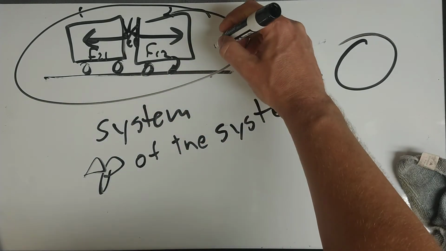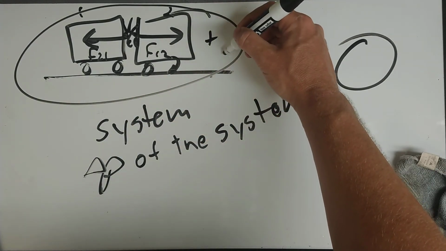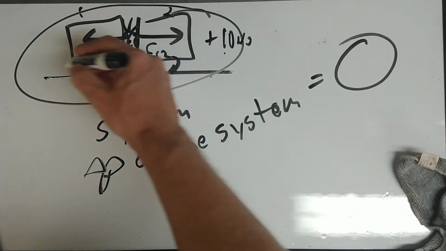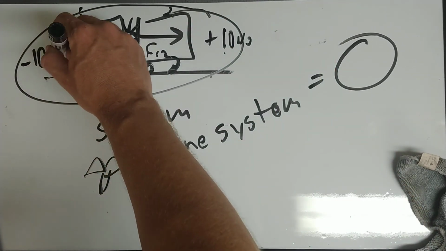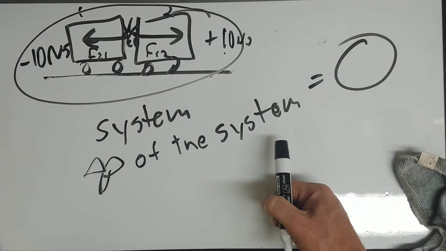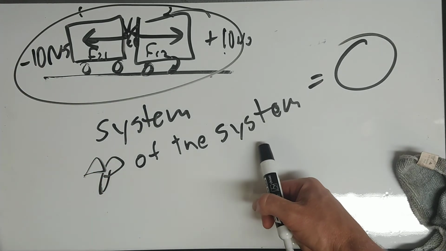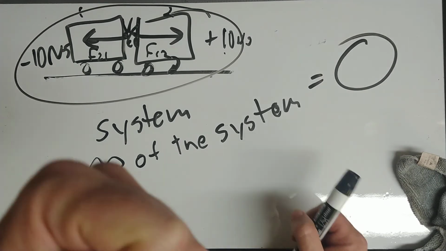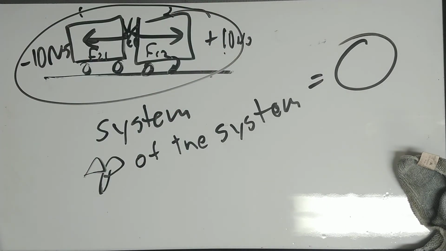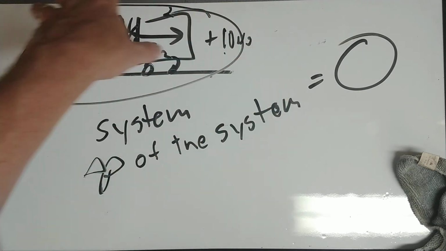This one gains positive 10 Newton seconds, and this one gains negative 10 Newton seconds of momentum. The total gain in momentum of the system is 0.